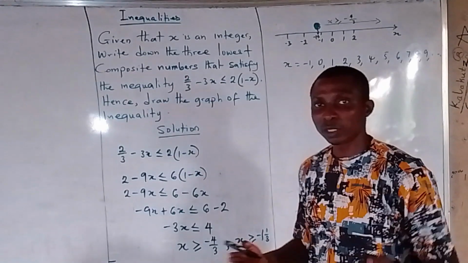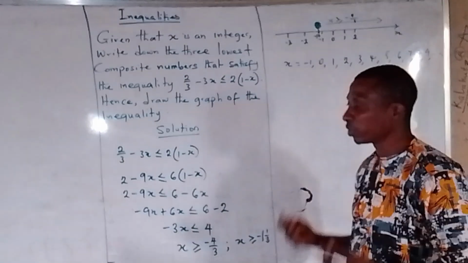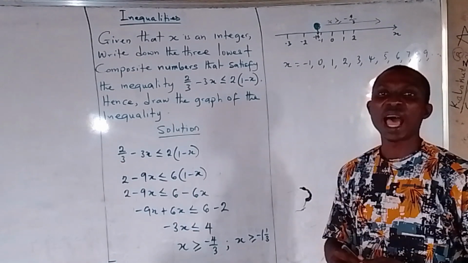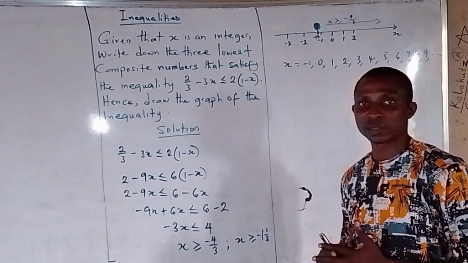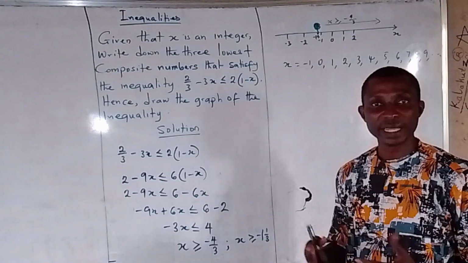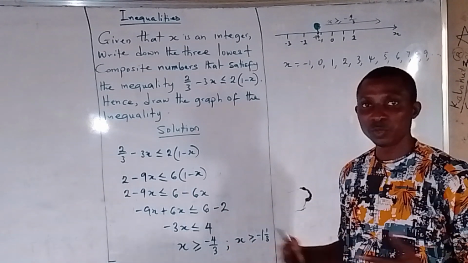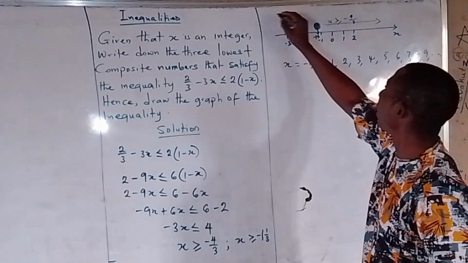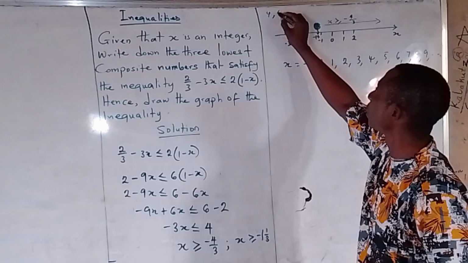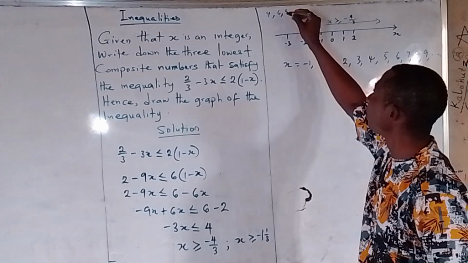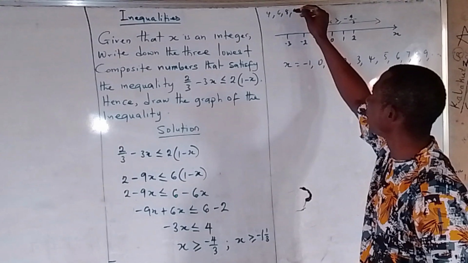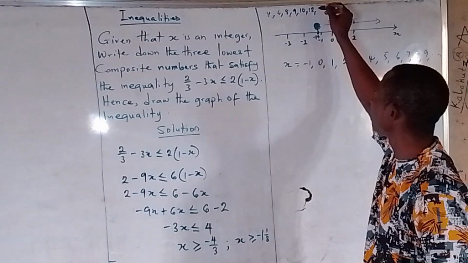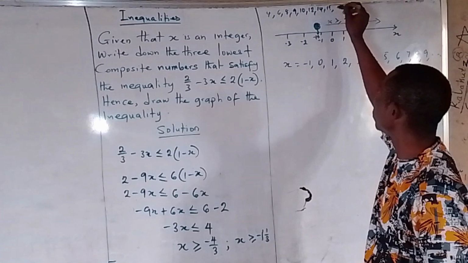The 3 lowest composite numbers. Now the question we ask ourselves is, what are composite numbers? Composite numbers are non-prime numbers, and they are also greater than 1. Examples of composite numbers are 4, 6, 8, 9, 10, 12, 14, 15, and so on.